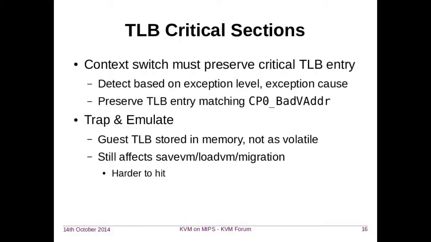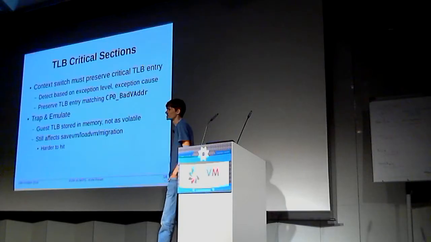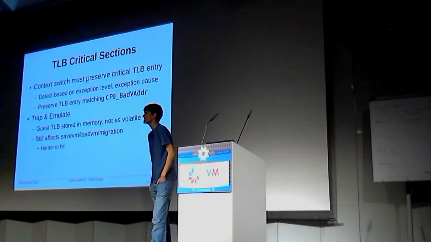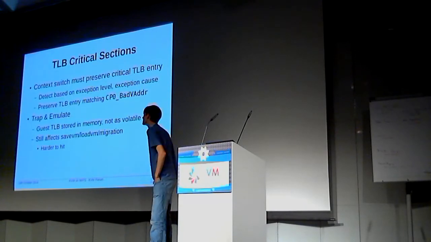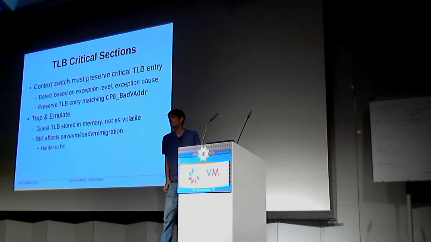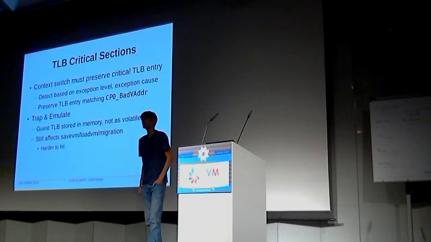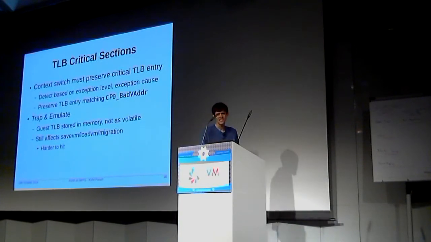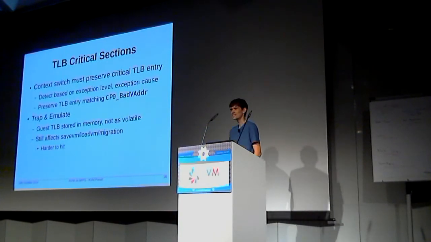So to fix this, basically you have to preserve certain TLB entries if you detect that this condition occurs. You don't really want to save them all, because certainly on modern cores, the new ones have an FTLB, which is much bigger. And so like the P5600 has 576 TLB entries.